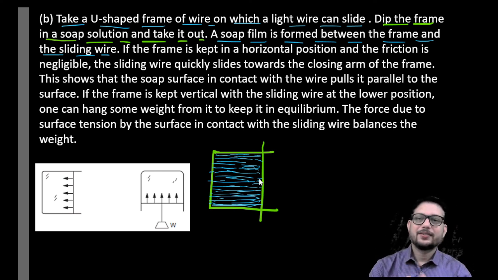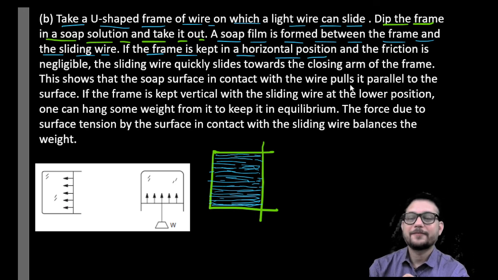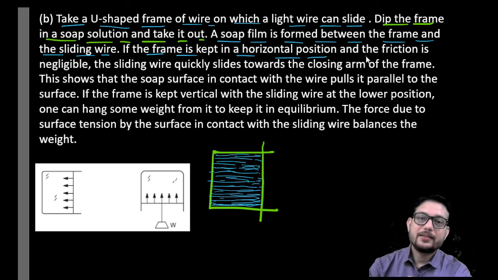Okay, so now what? Now we have to place the frame in a horizontal position, and the friction is negligible. As we assumed here, the sliding wire quickly slides towards the closing arm of the frame.